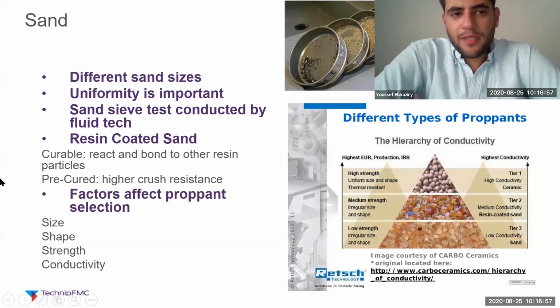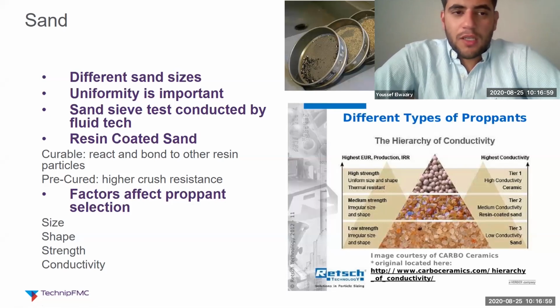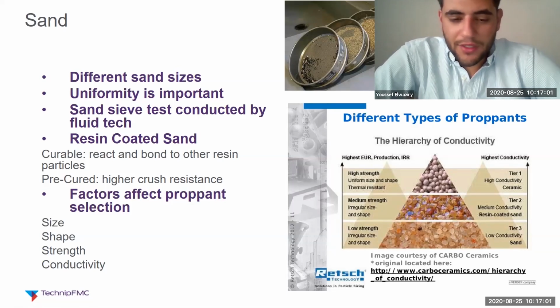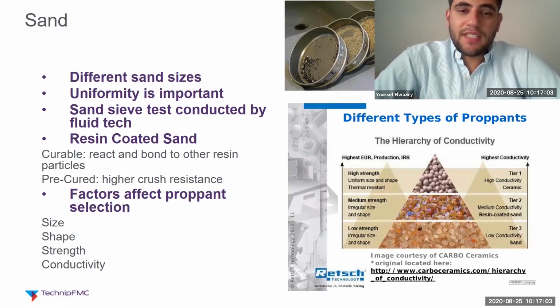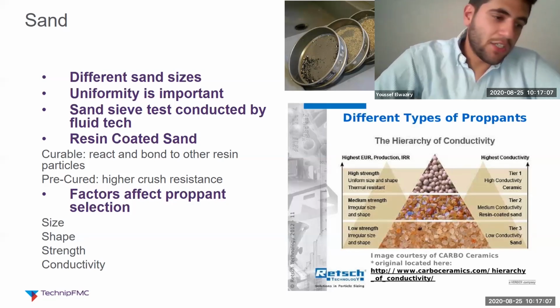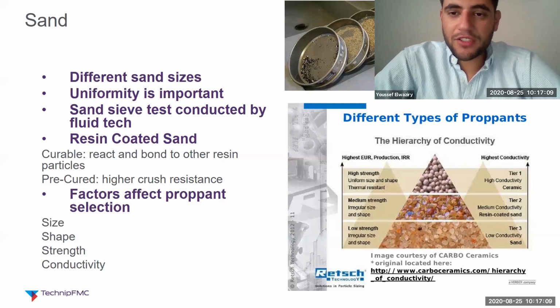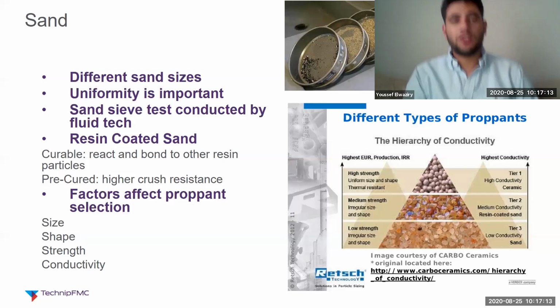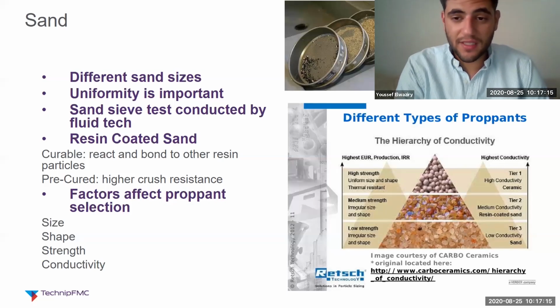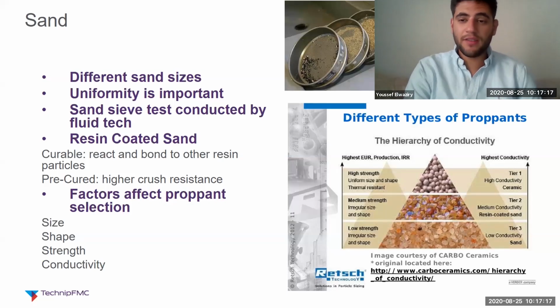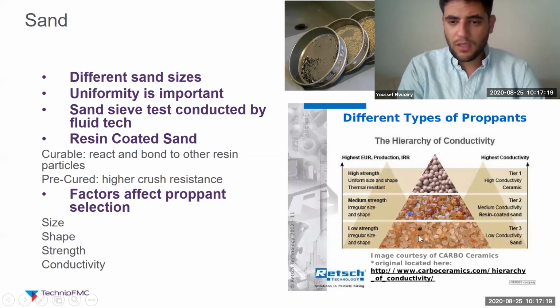Now let's talk a little bit about the sand. Usually the operator in their frac design, they design which type of sand they want to use, and that's basically based on the fracture that they want to create, the conductivity they want to create, and so on. So there's different types and sizes for the sand. And there's also natural made sand and man-made sand.